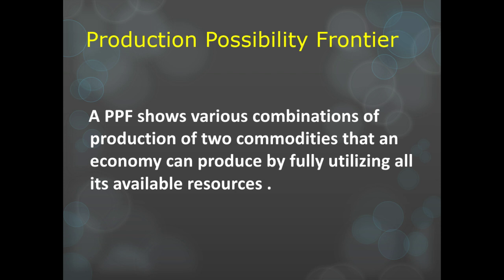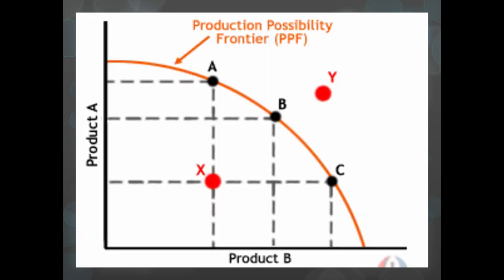It shows various combinations of production of two commodities that an economy can produce by fully utilizing all its available resources. Otherwise it is known as production possibility curve.